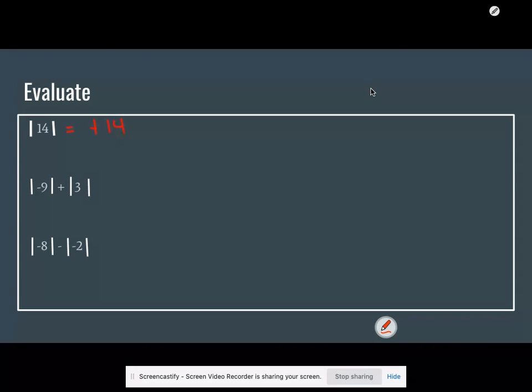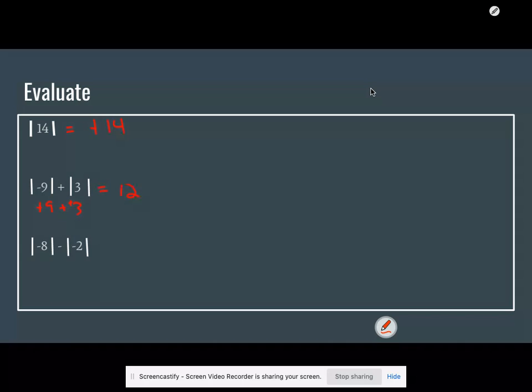When I have two absolute values, this is an expression, because I don't have an equal sign. Now it's an equation. Underneath of the absolute value, I'm going to write down what the absolute value is. So absolute value of -9 is +9, plus absolute value of +3 is +3, which 9 plus 3 is 12.